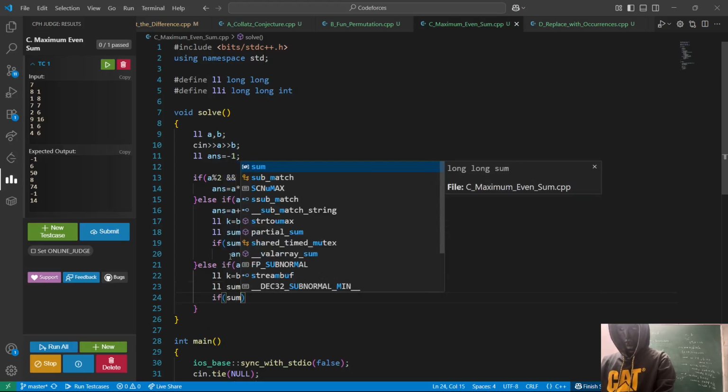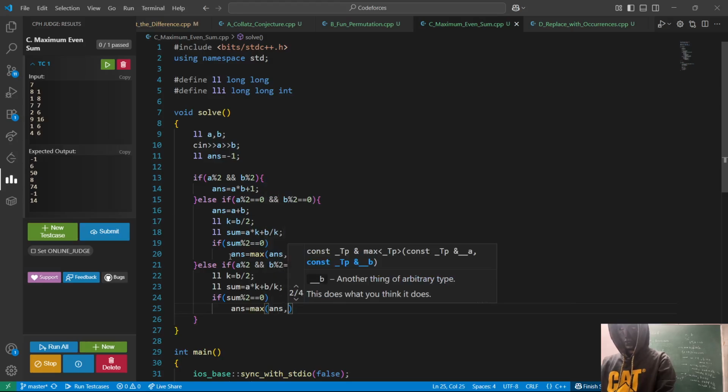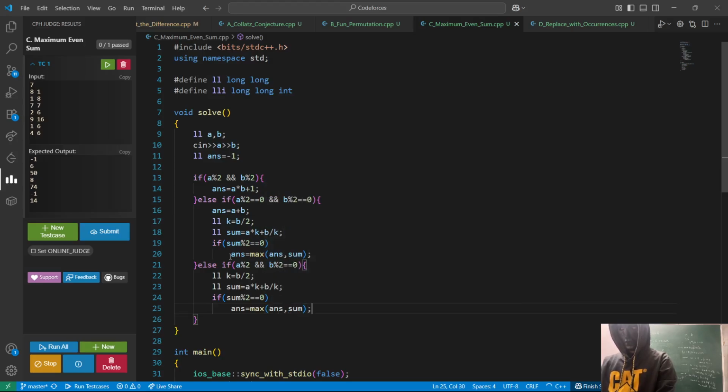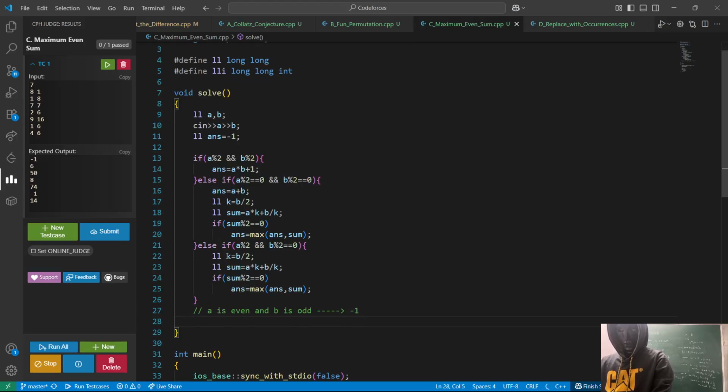And if your sum modulo 2 equals 0, which is an even number, in that case your answer will be maximum of answer comma sum. And whenever the case is a is even and b is odd, as I showed, in this case your answer will be -1. You cannot get an even sum. So at the end you will have to output this answer.